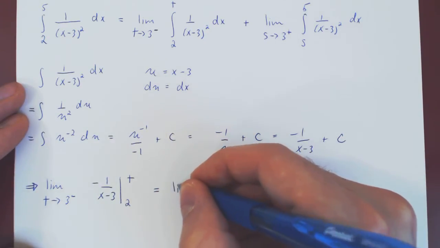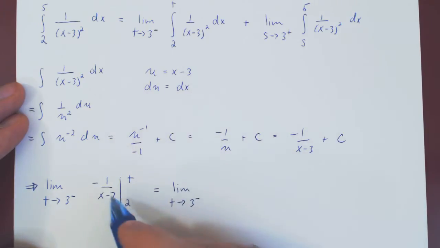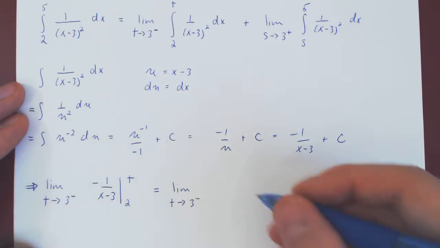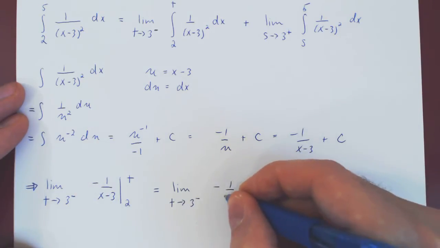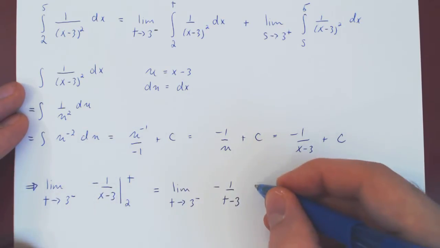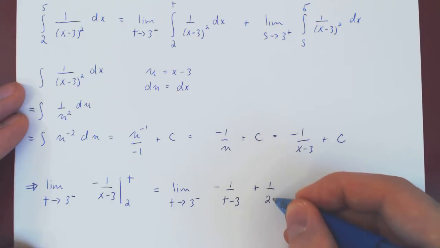So let's plug it in. Our antiderivative at t, so we get negative 1 over t minus 3, minus minus, so plus 1 over 2 minus 3.